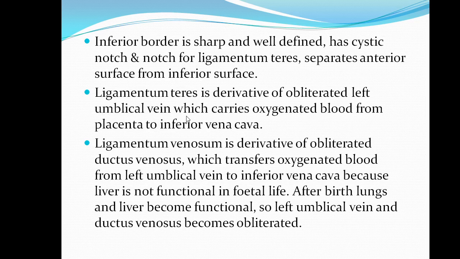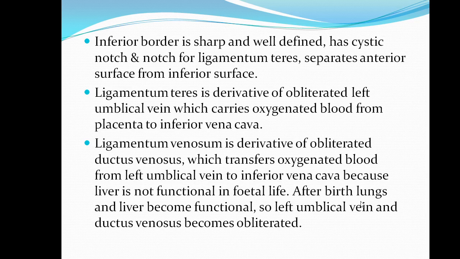This left umbilical vein in fetal life carries oxygenated blood from the placenta to the inferior vena cava. The ligamentum venosum is a derivative of the obliterated ductus venosus. This ductus venosus is a venous channel which transfers oxygenated blood from the left umbilical vein to the inferior vena cava, because in fetal life the liver is not functional.